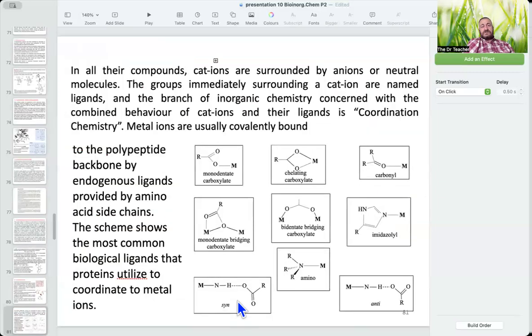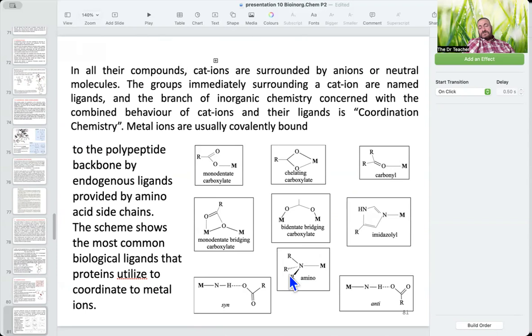And we talked about this before. So the monodentate carboxylate, bidentate. This is carbonyl. This is a bridging oxygen from the monodentate bridging. This is bidentate oxygen. Imidazolyl binding from the nitrogen side.